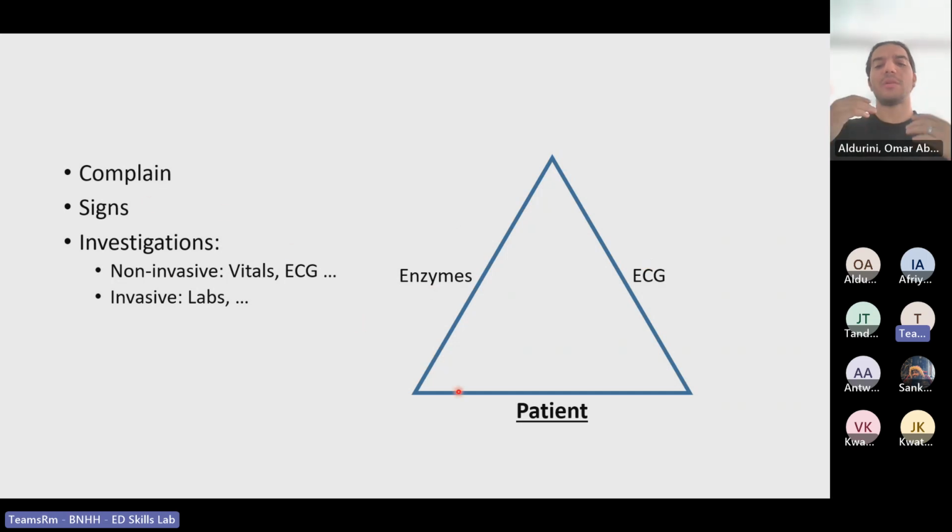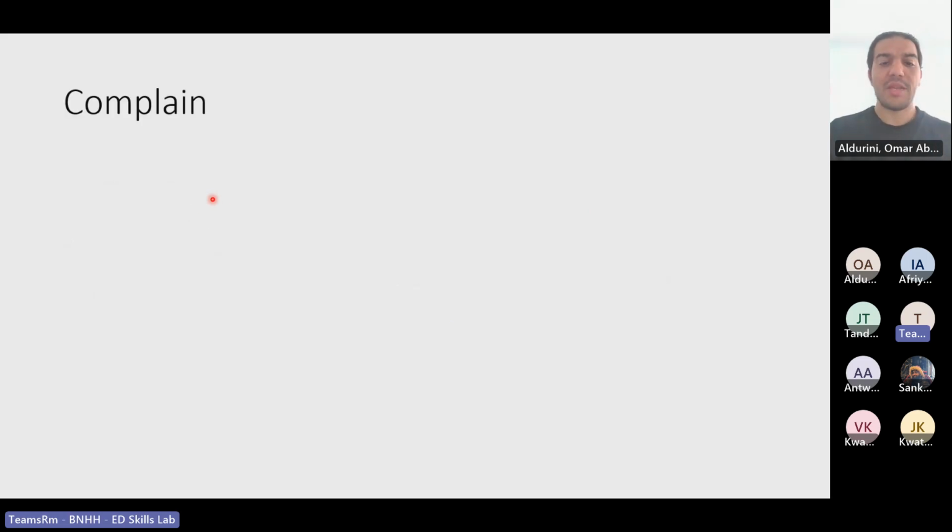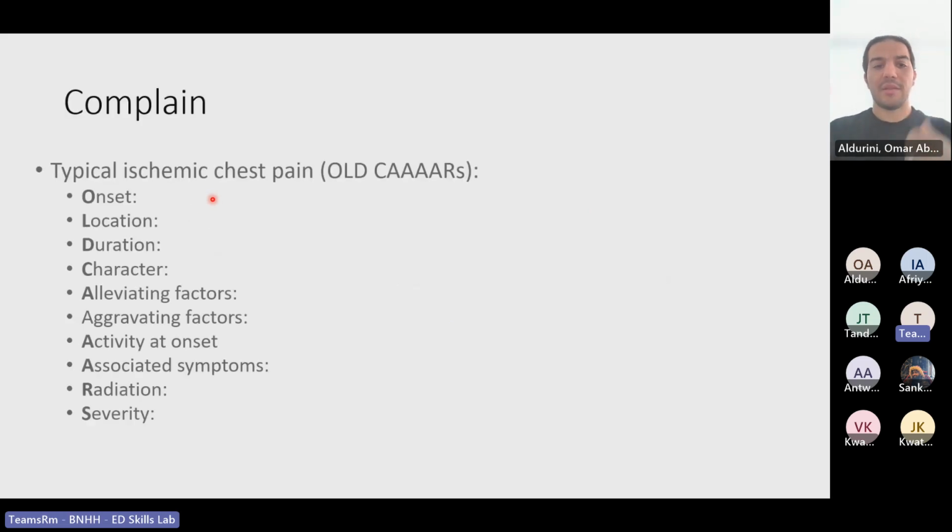The patient will come to you with a complaint, so we take this complaint and analyze it according to certain steps or criteria. We can use different mnemonics to assess the complaint, but usually we like to assess it using the old cars mnemonic with 4 A's in car.